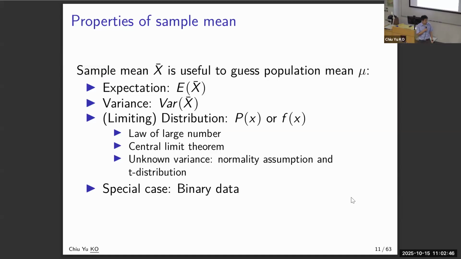Okay, and it turns out it will be easier to focus on its mean and variance first, okay? And we will talk about what the big P and the big F are later, okay?